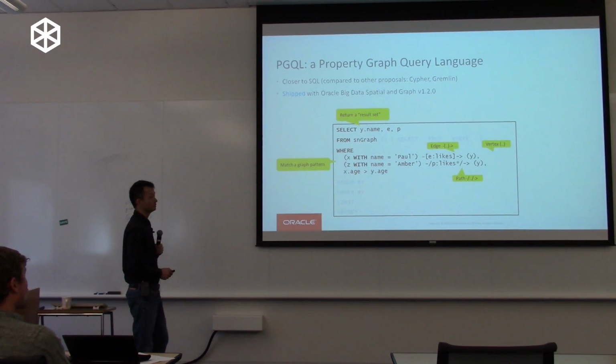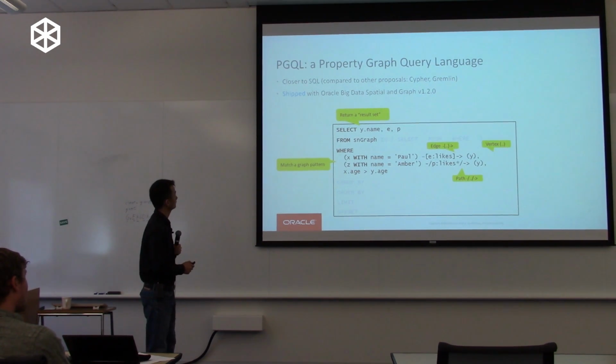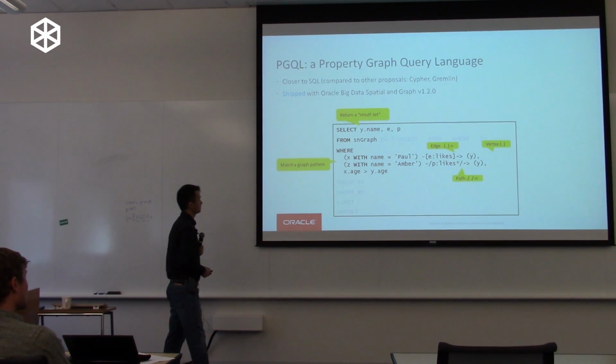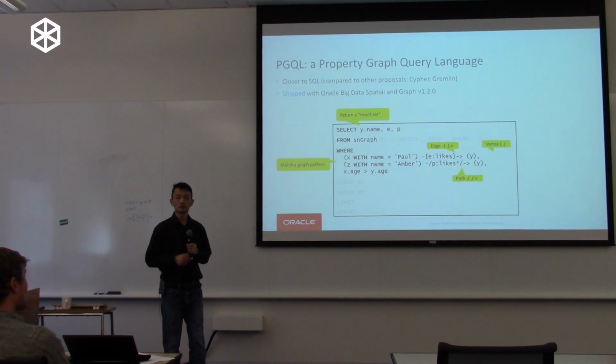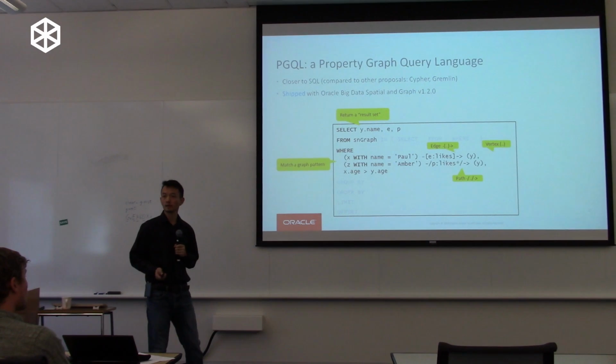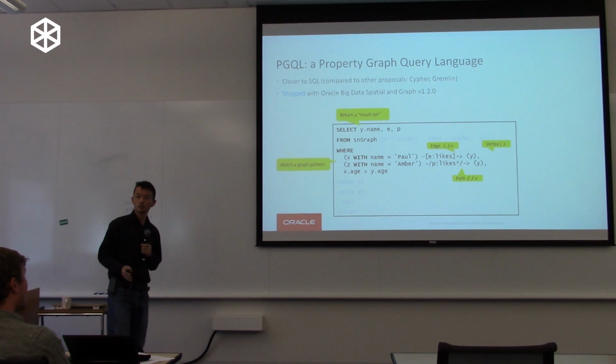PGQL is shorthand for property graph query language. Why do we design such a language? A key motivation is that it has quite a similar syntax compared to SQL, because like it or not, there are still a lot of SQL users.